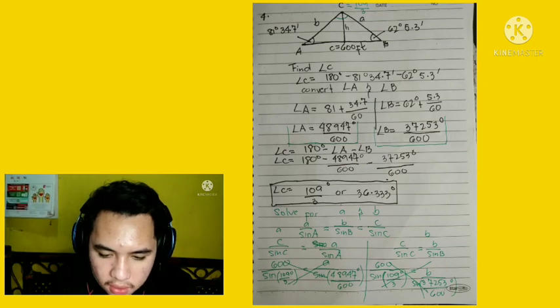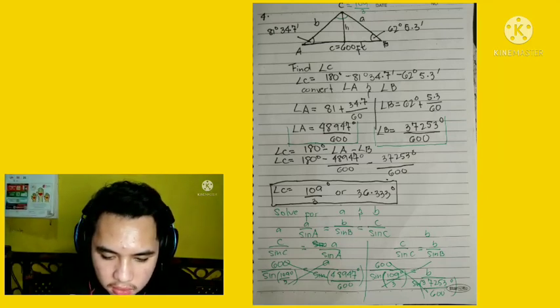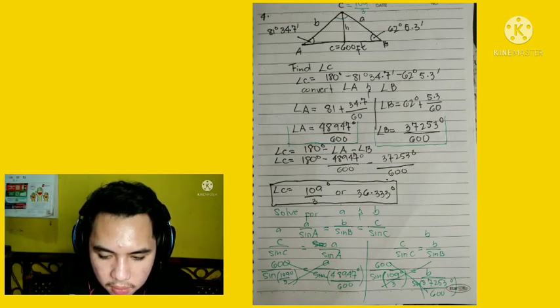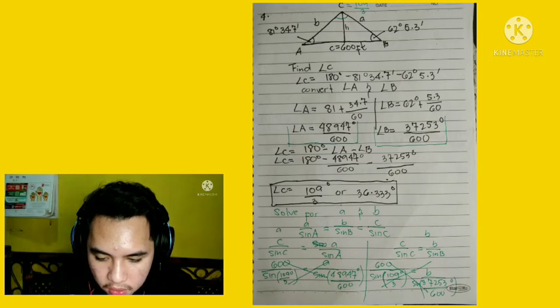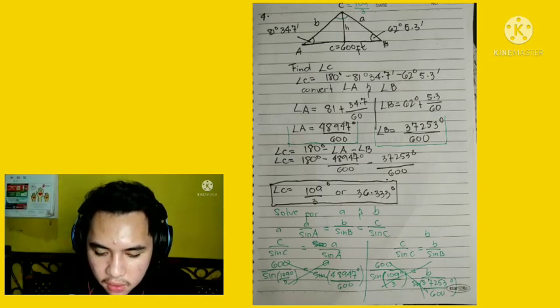So now we have our angle A and our angle B. So our angle C will be 180 degrees minus angle A and minus angle B. So angle C is equal to 180 degrees minus 48947 over 600 degrees minus 37253 over 600 degrees, and we will get C equal to 109 over 3, or 36.333 degrees. So this is our angle C.